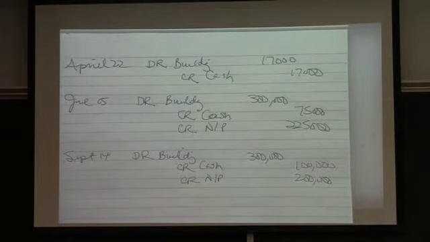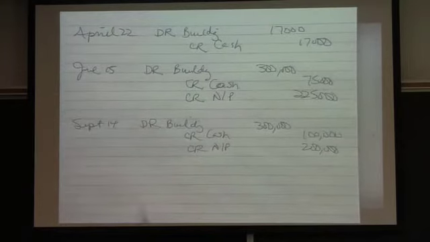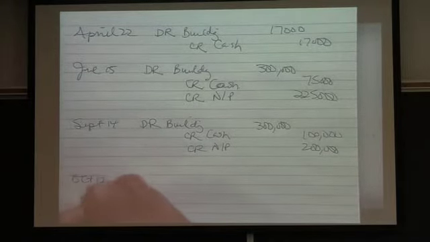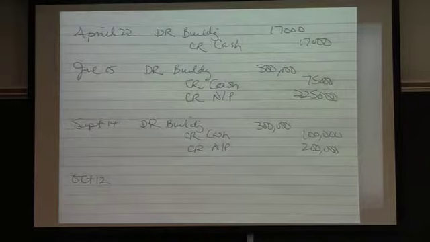Now, on October 12th, what happened is we paved the parking lot for the driveway and sidewalk. The paving of the parking lot and driveway and putting in a sidewalk, although it is part of land, the economic benefit diminishes over time.